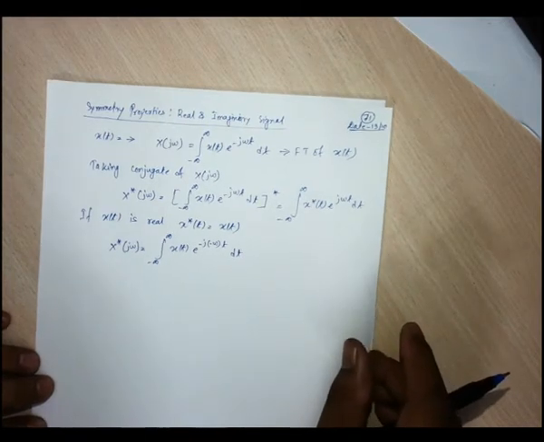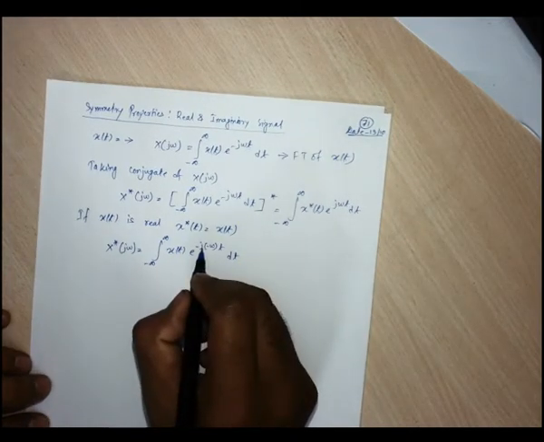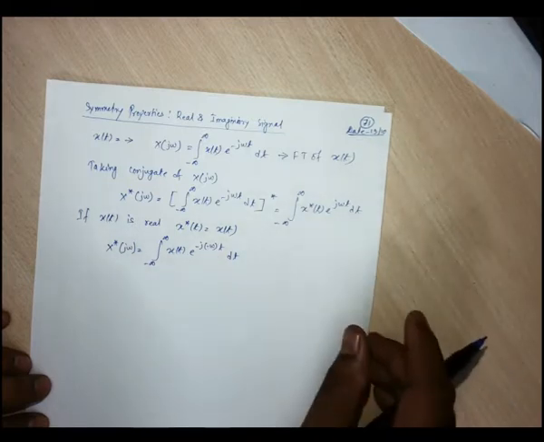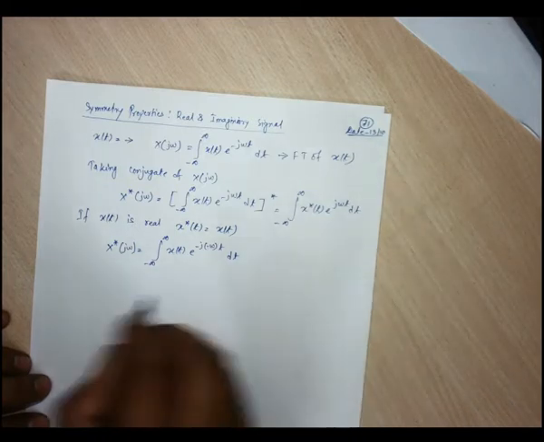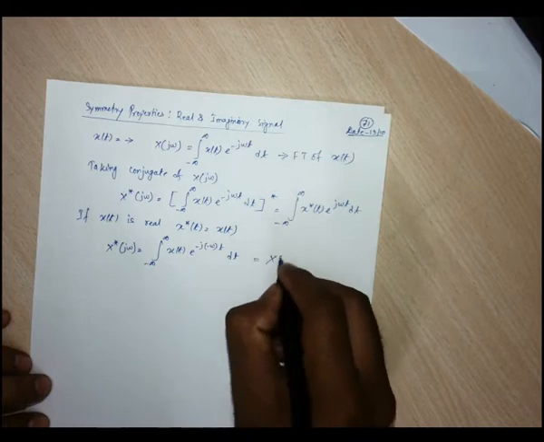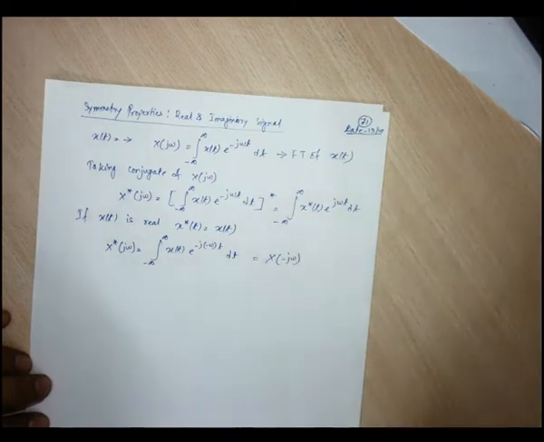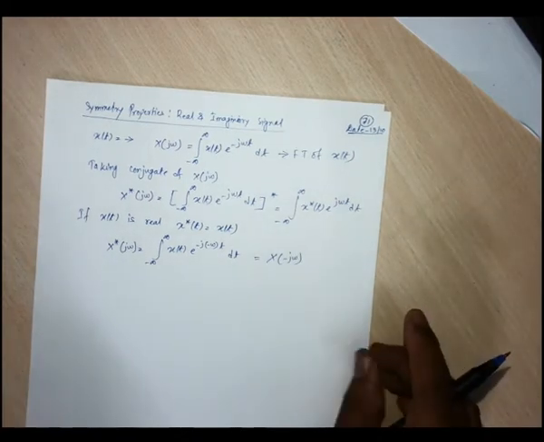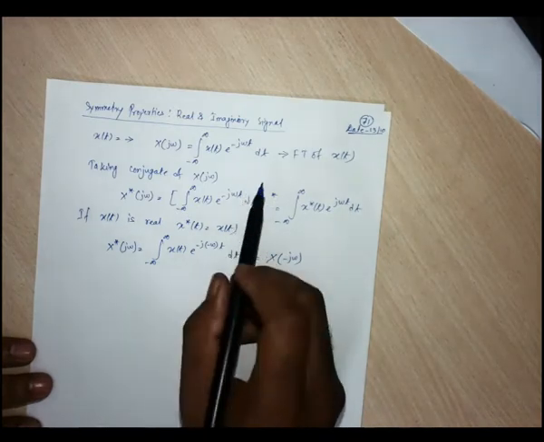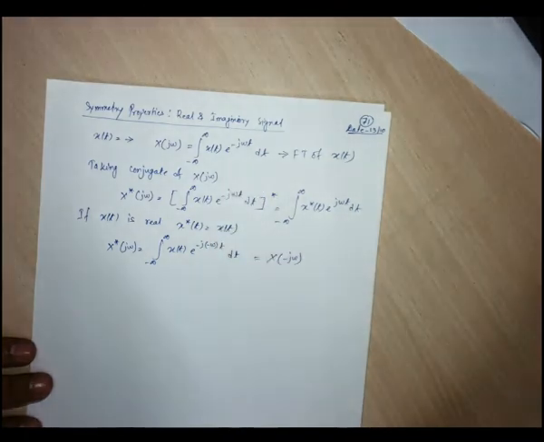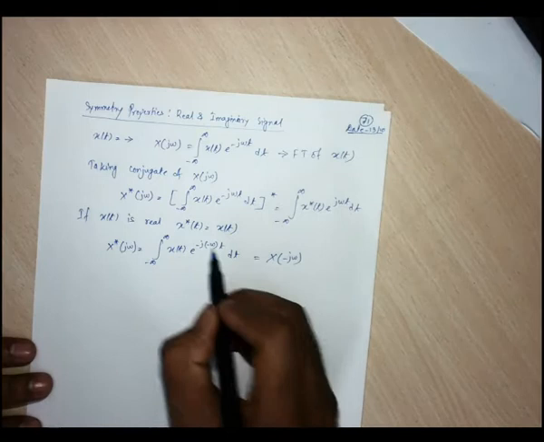So what does it mean? This minus omega means X of minus j omega. Just try to think. Previously the expression was minus j omega t, now it is minus j times minus omega t.